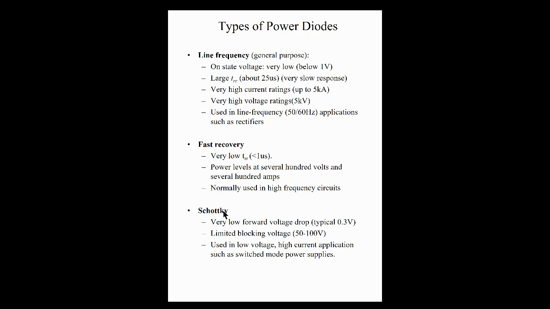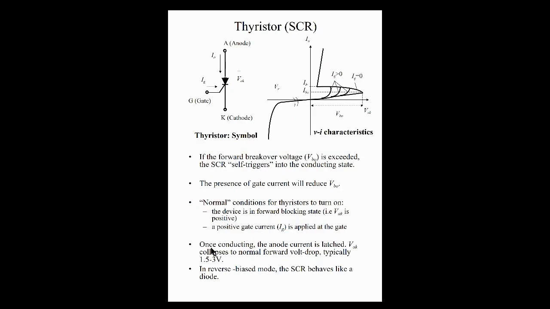We also have what we call a Schottky type diode, right? So this type is used mainly in low voltage, high current type applications, right? It has a small voltage, typically 50 to 100 volts, and of course the threshold voltage is about 0.3 volts that is required for it to, once overcome, go into the conduction state.